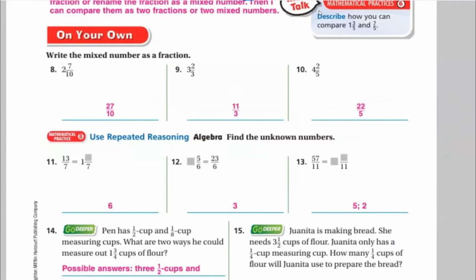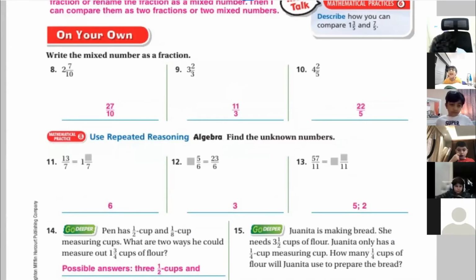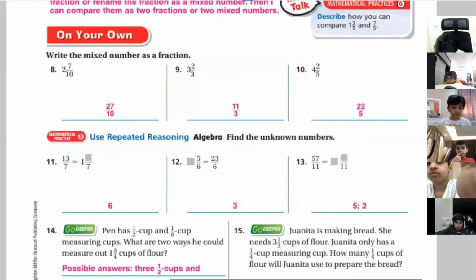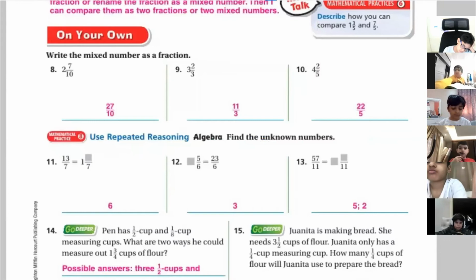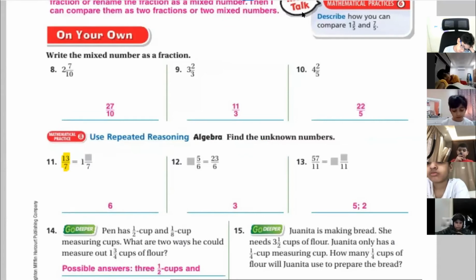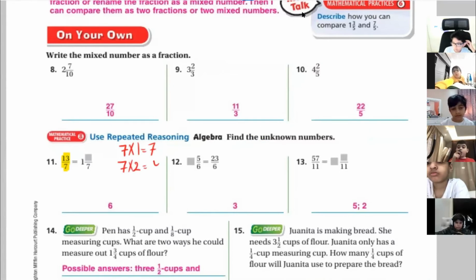Okay, yes. Let's rewrite it. So we have 13 over 7. What are we going to do here to convert it into a mixed number? We have 7 multiplied by 1 equals 7, and 7 multiplied by 2 equals 14. Can we take it?